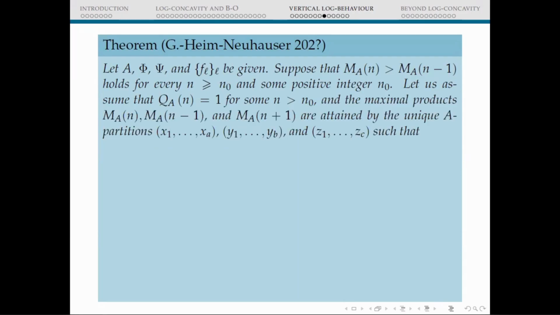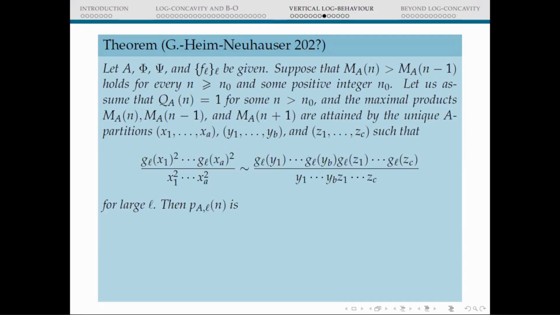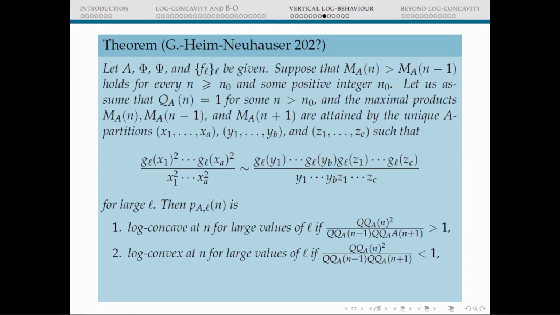And we need to also require that these maximal products are attained by a unique A-partition. If that is the case, and we have the very similar asymptotic behavior of this function g of L from previous slides, then it turns out that a very similar phenomenon holds.